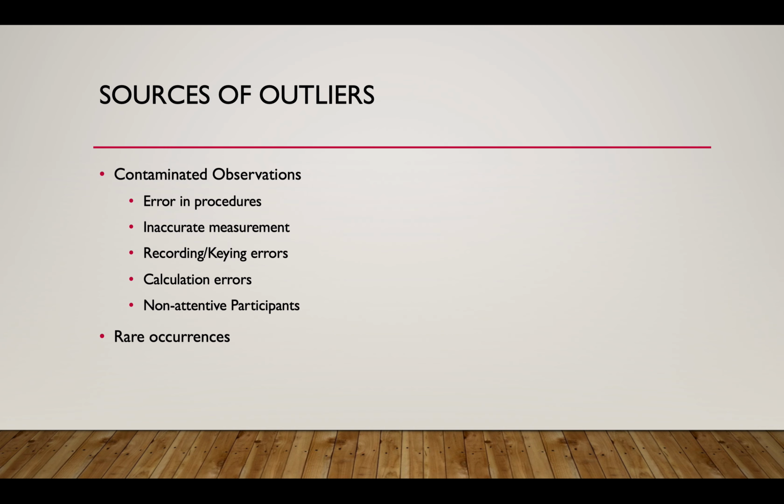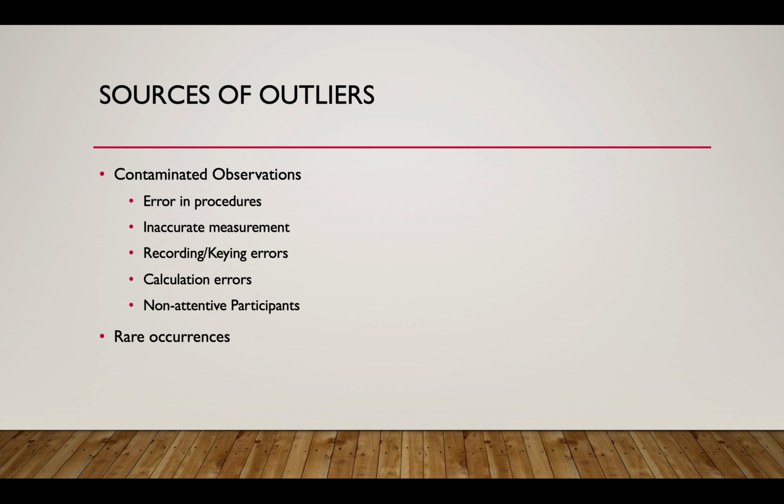But you can run into these issues, and going through and looking at your influence and your leverage can help you identify if you've made a calculation error or if it's a true error in your data. And then just non-attentive participants, right? People that are just going along, plugging in any answer that they want, not paying attention to what they're doing.